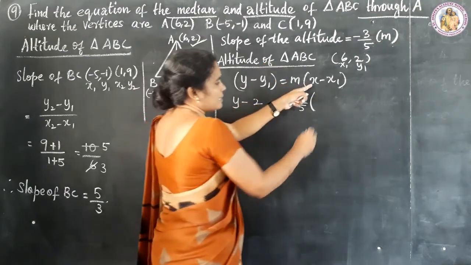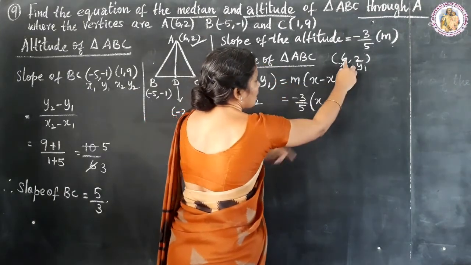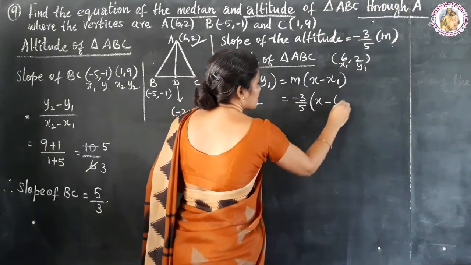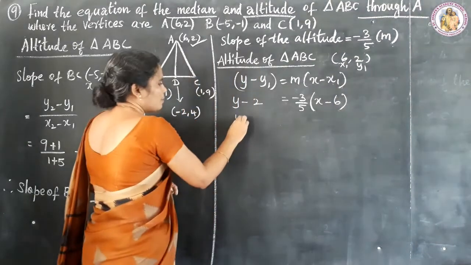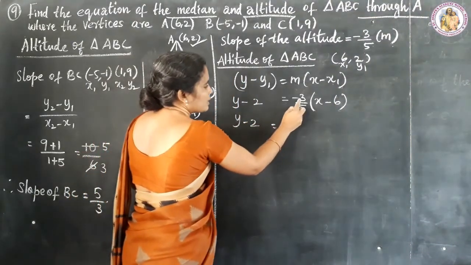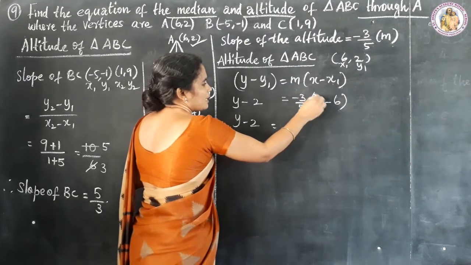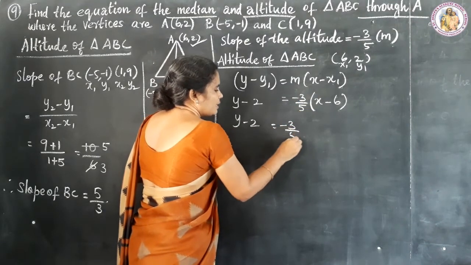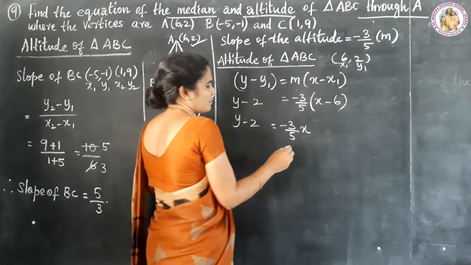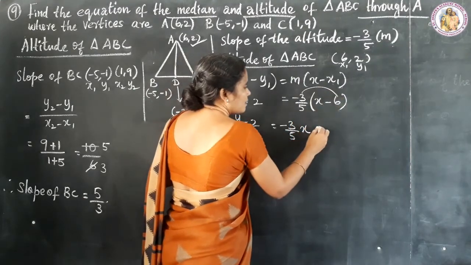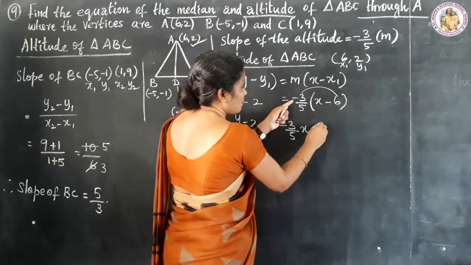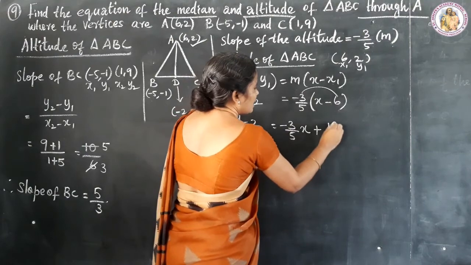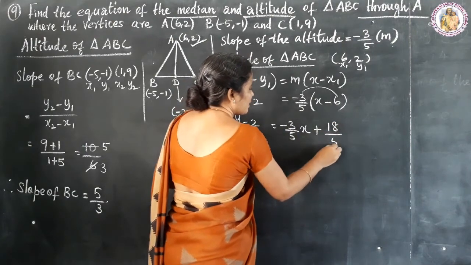So y minus 2 is equal to minus 3 by 5 into (x minus 6). Multiply: minus 3 by 5 x, and minus into minus plus, 6 threes are 18 divided by 5.